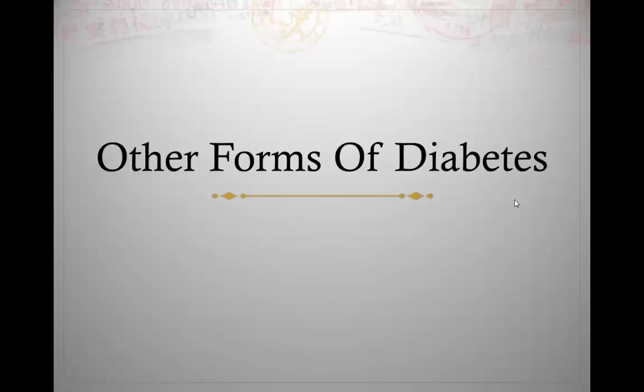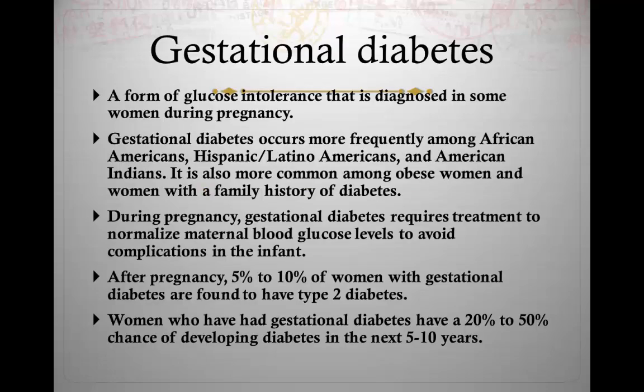Okay, other forms of diabetes, we have gestational diabetes. That is a condition where women, of course, must be pregnant, and there are high glucose levels. It is caused when insulin receptors do not function properly.